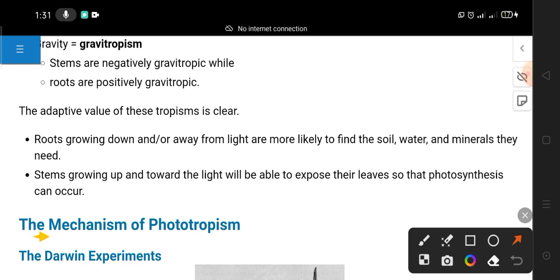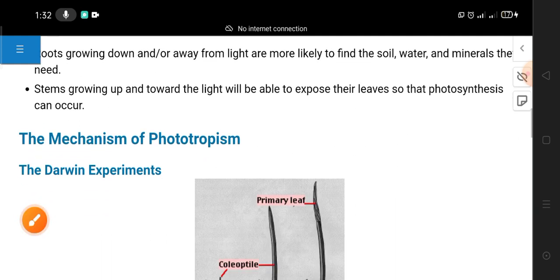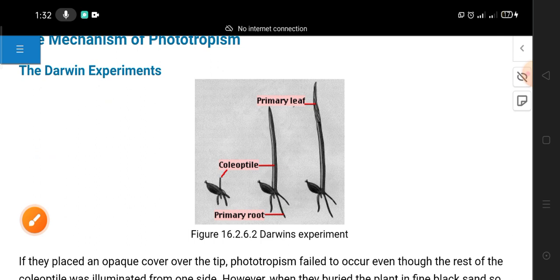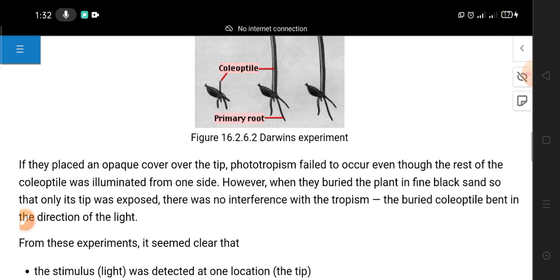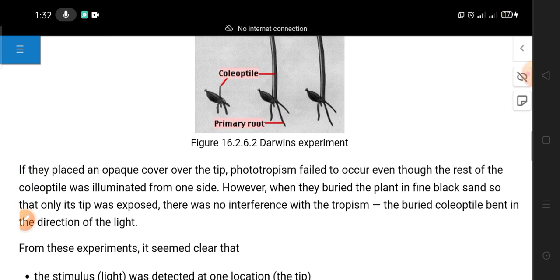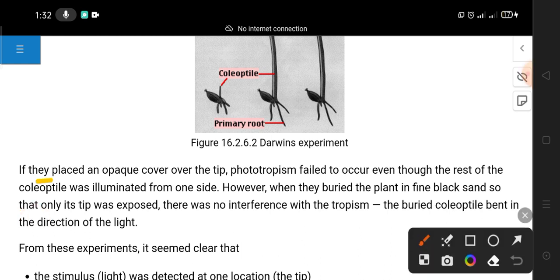Next is the mechanism of phototropism. There is a Darwin experiment for this purpose. If they placed an opaque cover over the tip, phototropism failed to occur even though the rest of the coleoptile was illuminated from one side.